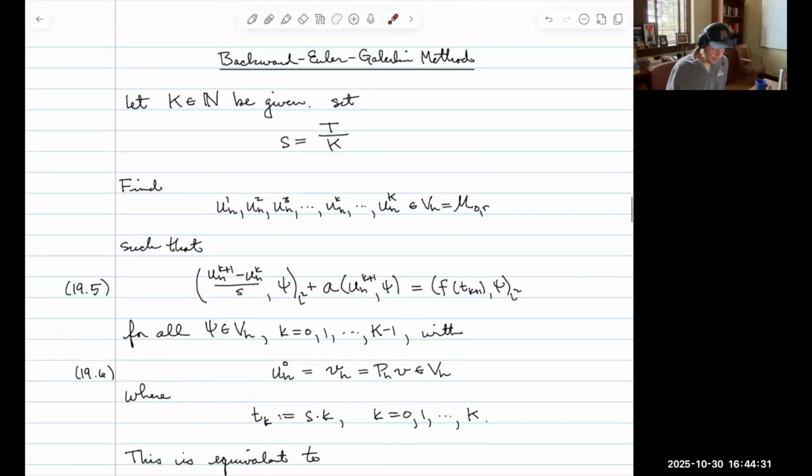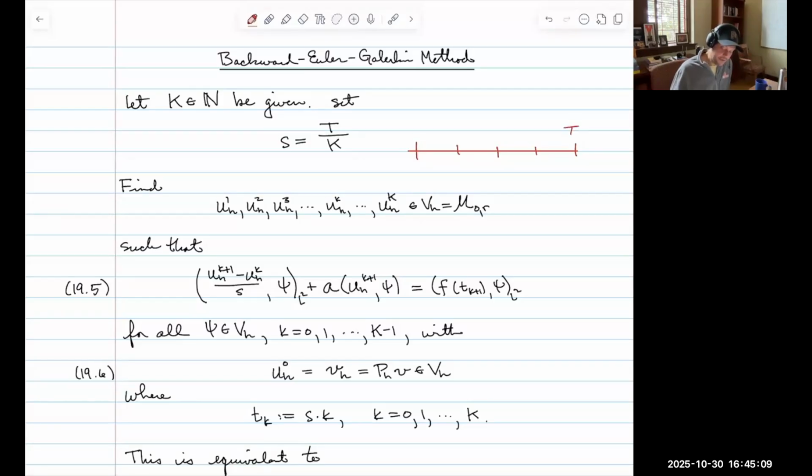Then what we're going to be looking for is a sequence of finite element functions, some sequence of snapshots, u1h, u2h, u3h, up to an arbitrary one, uhk, little k. And then if we continue along, we end with UH capital K. That's the last approximation. So what I've effectively done here is I've taken my time interval and broken it up into a number of smaller pieces.